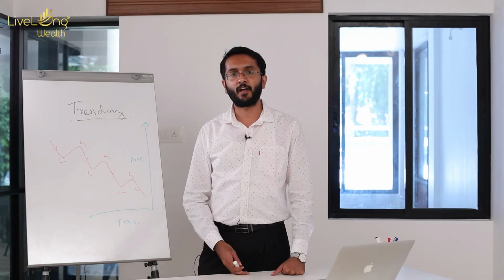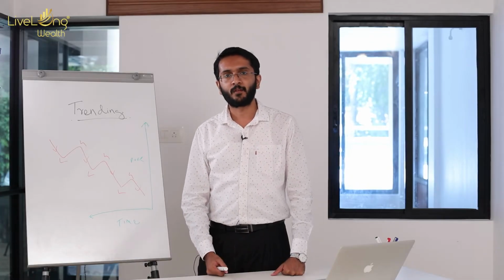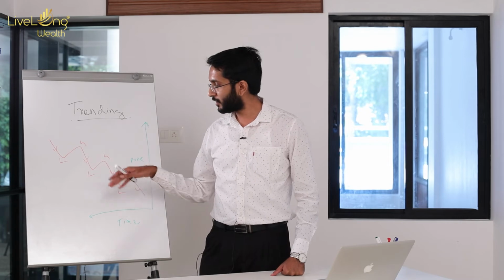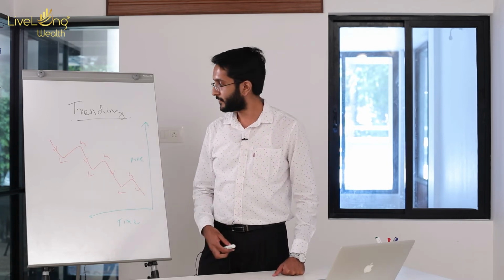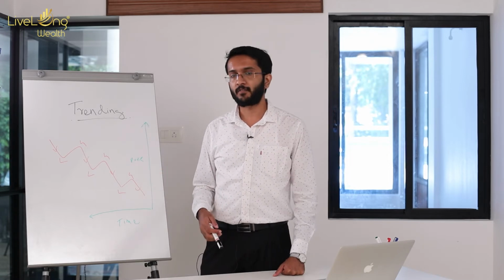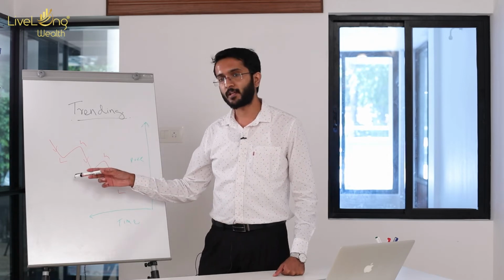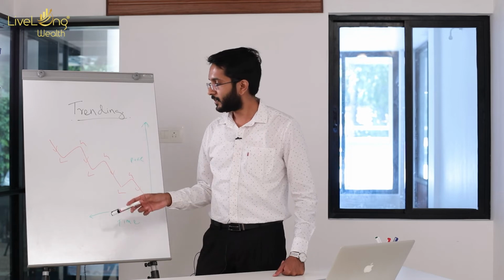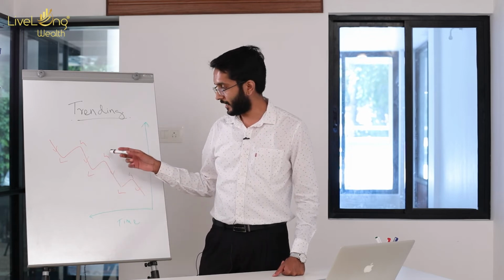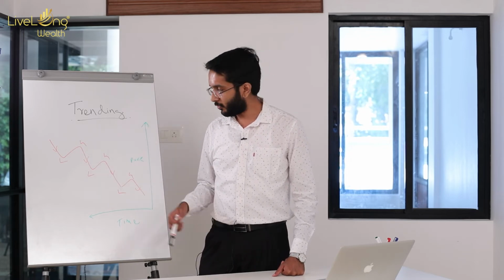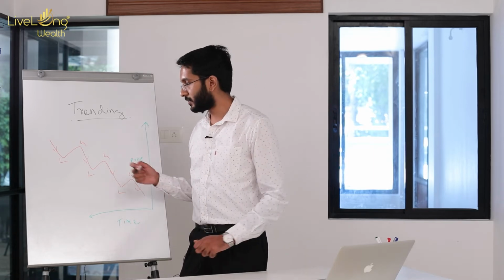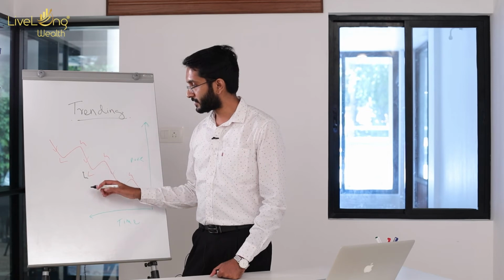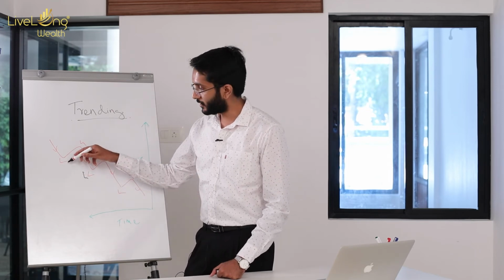Now, let's talk about a typical downtrend. As you know, a bearish trend or a downtrend is one where the price is continuously forming lows. In this particular case, we see first a low gets formed, then a high price gets formed, then again a low gets formed, and again a high price gets formed. What is very important out here is every single time a low is getting formed, it is always lower as compared to the previous low that got formed earlier.